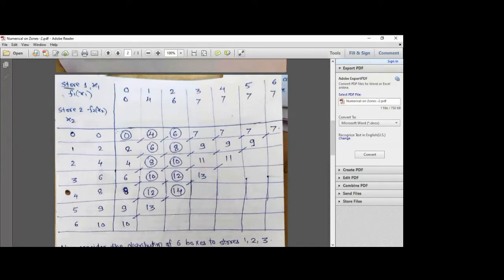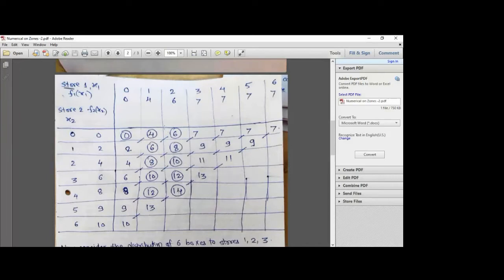So for 0 crates, the combination is 0 and 0. If I'm considering only one crate to be distributed for store 1 and store 2, what will be the combination? It will be 0 plus 1 and 1 plus 0, right?